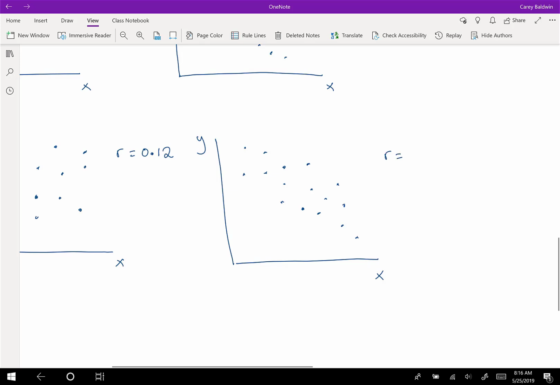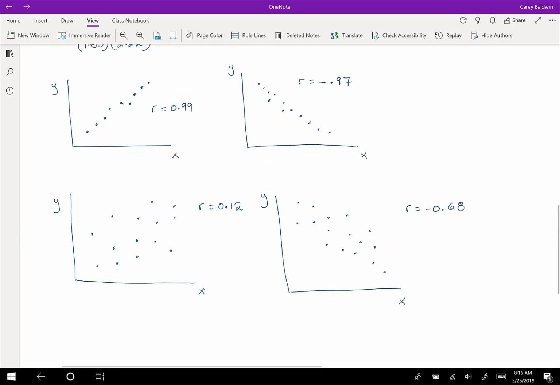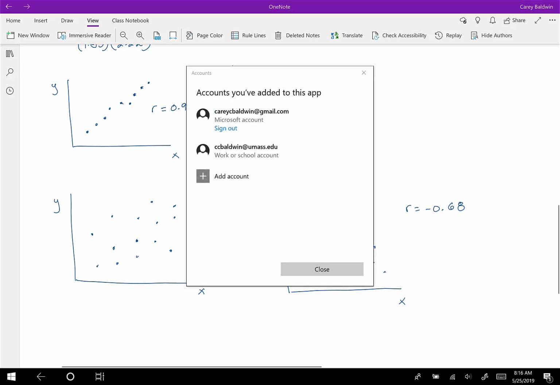So R might be definitely negative because I have a downward trend here, but it might be something like -0.59 or something like that. All right, so that's how we can attach the values of the correlation to scatter plots.